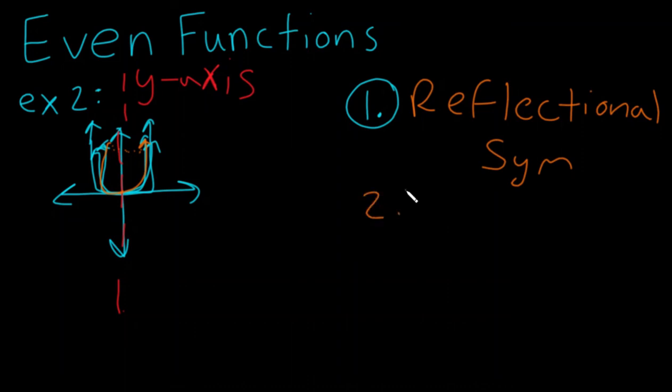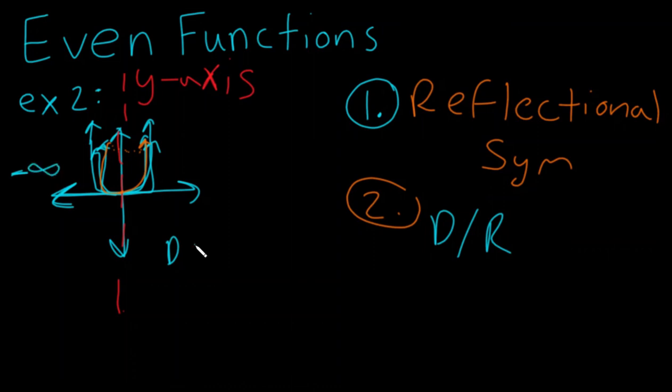Now let's go to the second part, and this is the part that's a little bit more tricky. Remember, we are going to talk about our domain and our range. And once again, let's talk about domain when our x-axis is approaching negative infinity. Remember, going to the left is negative infinity. What will our range do?